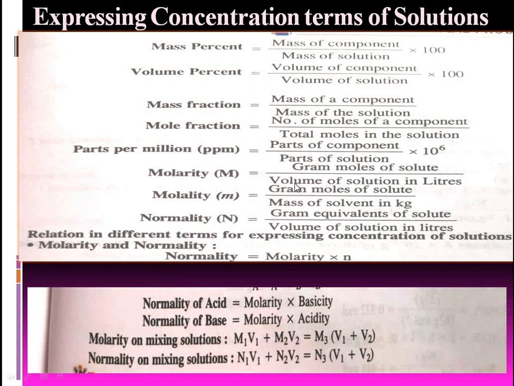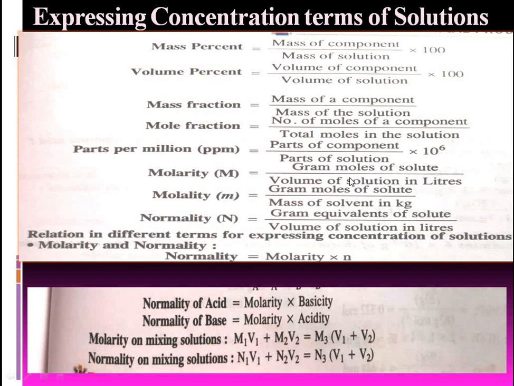Gram moles of a solute divided by volume of a solution in liters. The next is molality, small m: gram moles of a solute divided by mass of solvent in kg. The next term is normality, denoted by capital N, which is gram equivalent of a solute divided by volume of solution in liters. So you can see that molarity and normality are similar, only the change is here.